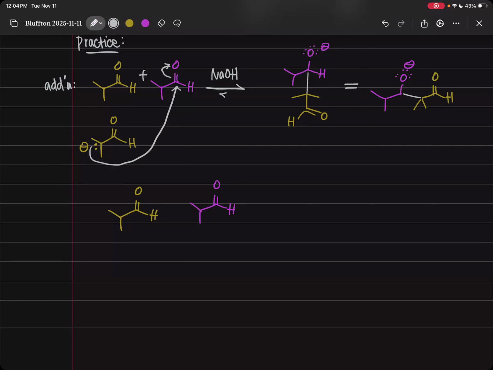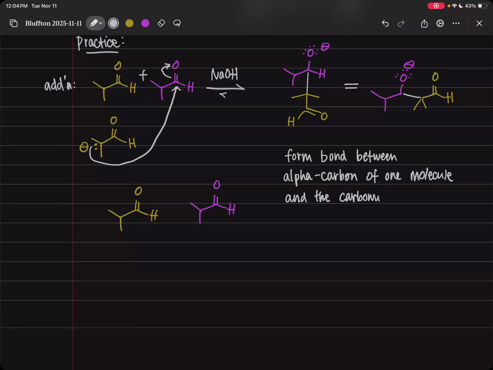So we know we're going to form a bond between the alpha carbon of one molecule and the carbonyl carbon of the other one. That's a lot of words.